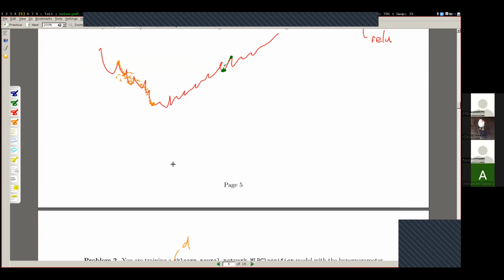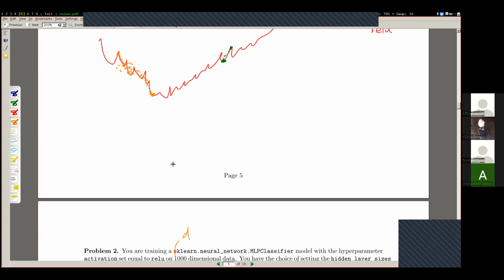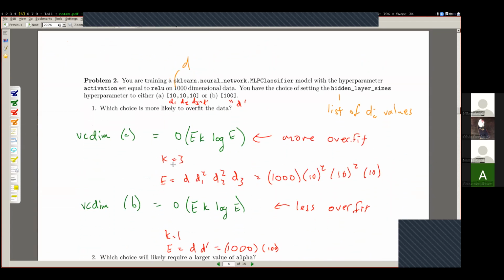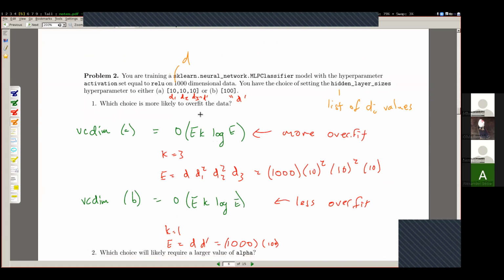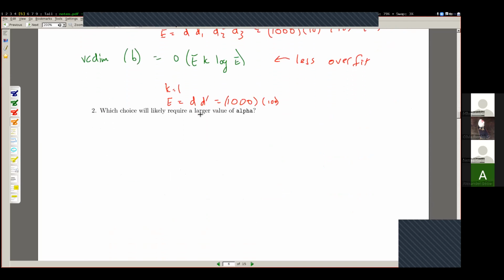Okay, good questions. So we worked a small problem with neural networks, plugging values into the VC dimension formulas to figure out which versions of the neural networks are more or less likely to overfit. There's this alpha parameter in scikit-learn.